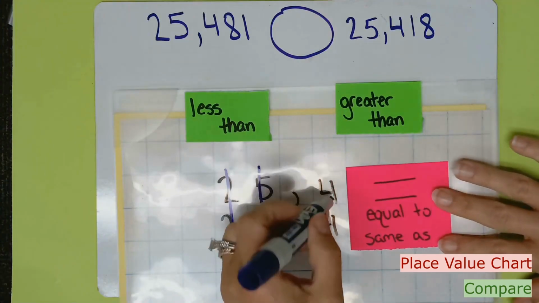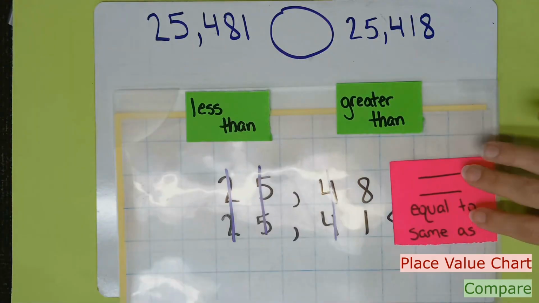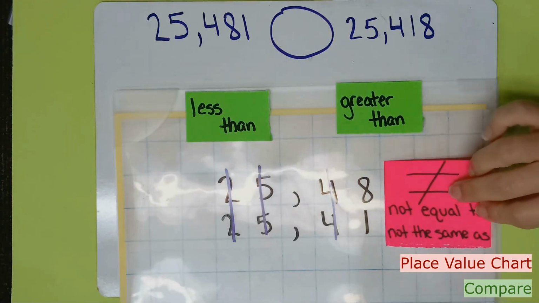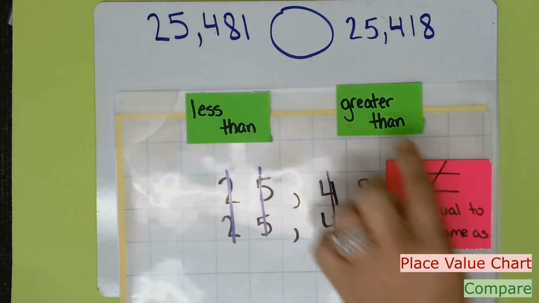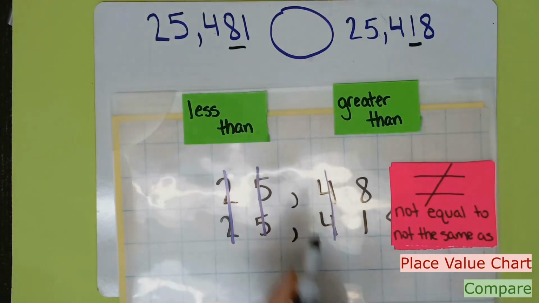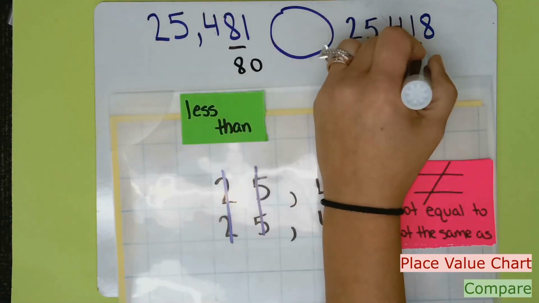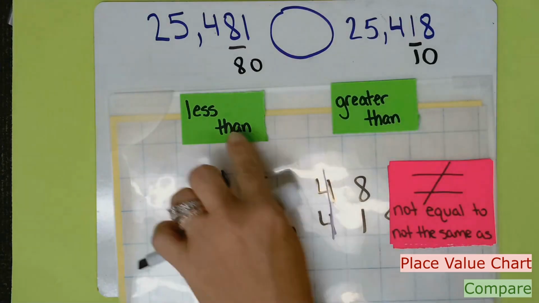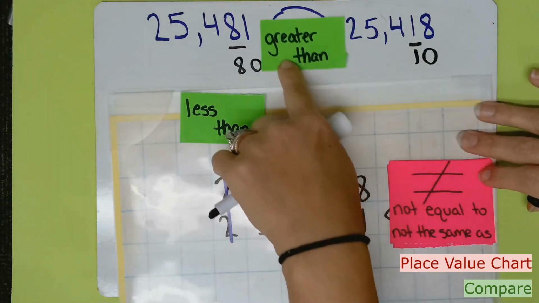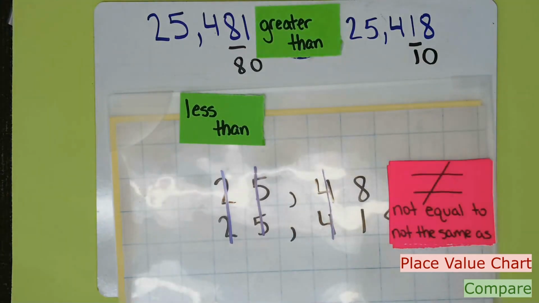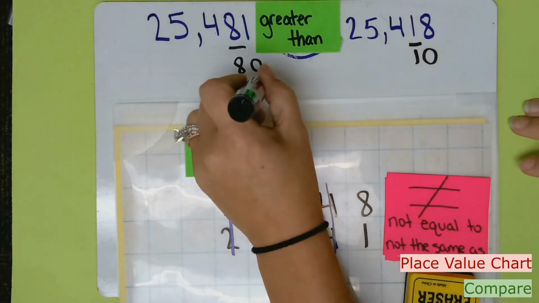So when my digits are the same, that means I go to the next place value that's smaller until they're different. So here we have an 8 and a 1 in the tens place. So while we pull that out from expanded form, I'm really comparing the 80 versus the 10. So is 80 less than or greater than 10? And when it's greater, that means that this number is automatically greater than the other number.